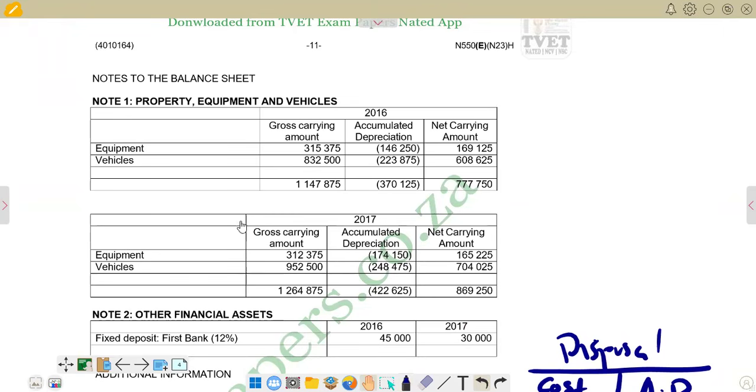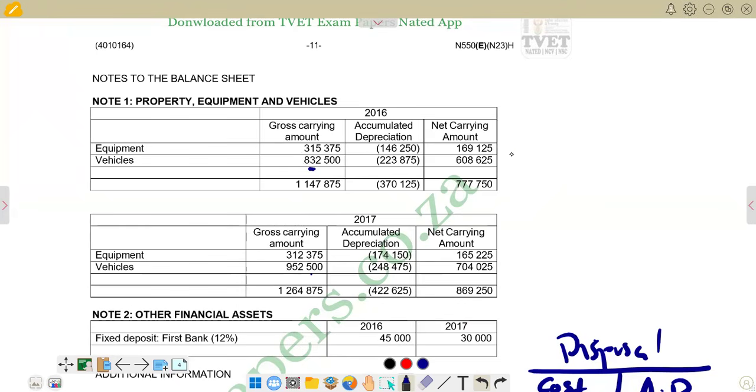So we can check on the movement of cost, which is the gross carrying amount. Here for vehicles, it was 832,500, and then here it was 952,500 in 2017. So it's an increase, which means something was purchased. So we need to adjust for a purchase of vehicles.